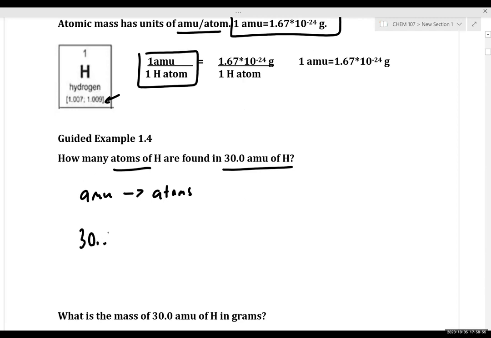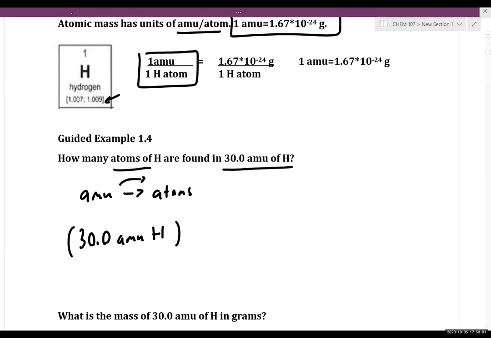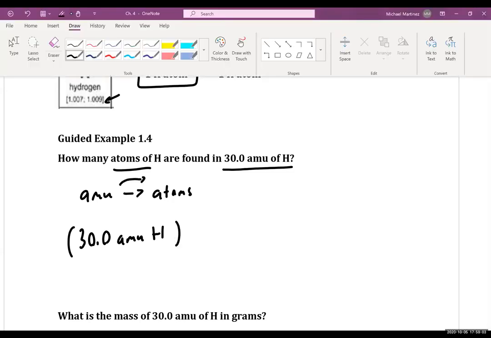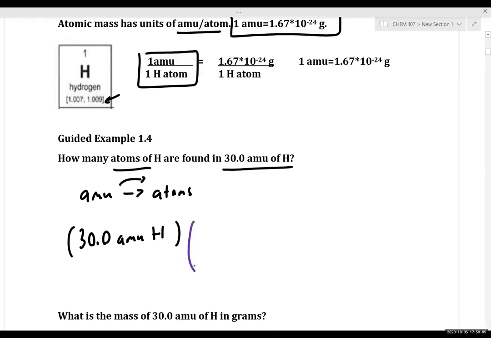So if we have 30.0 AMUs of hydrogen, we use the conversion factor of our atomic mass: 1 hydrogen atom per 1 AMU of hydrogen.